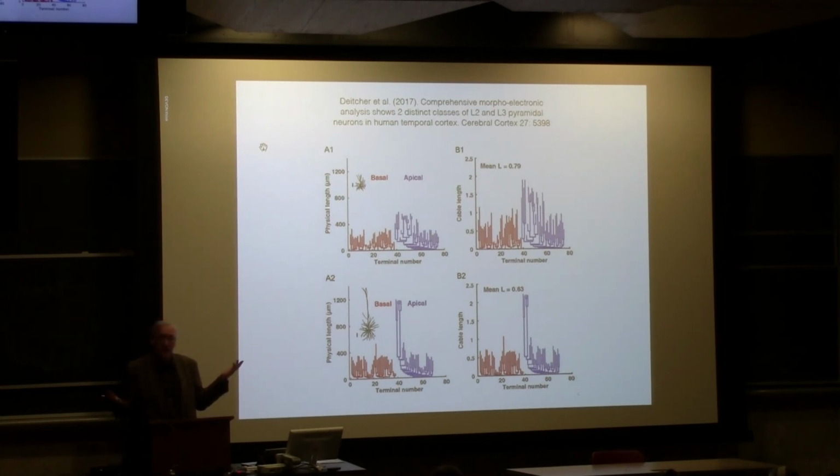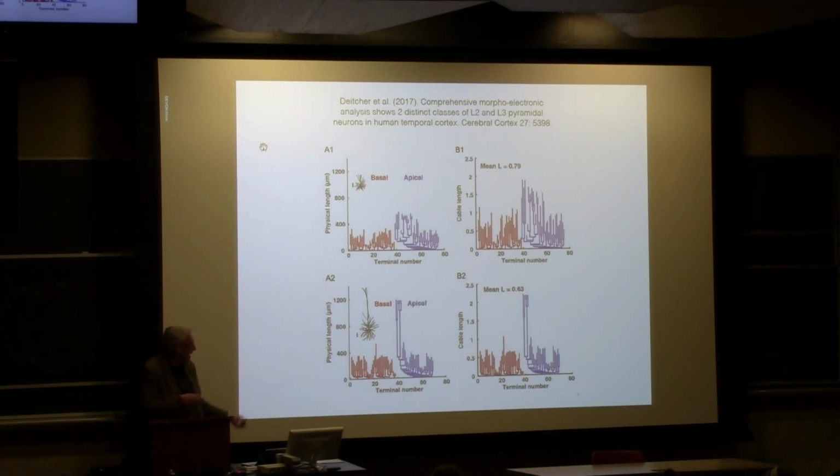What does an electrotonic length of 1 mean? If voltage is decaying exponentially away from the site of current injection, and the rate at which that happens is the space constant, that means that 1 space constant away from the site of current injection, voltage is attenuated by about 70%, by a factor of 1 over e.